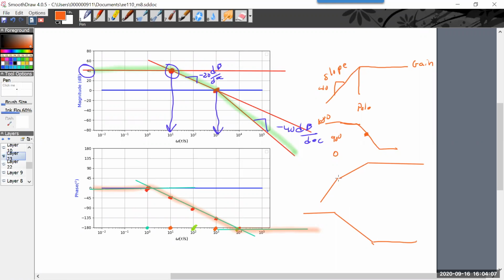So let's say you're having a hard time drawing this, right? All I need to do is, let's say it was 10, that's 1,000, 40, 20, and whatever gain it happened to be. Here would just be 180 down to 0.